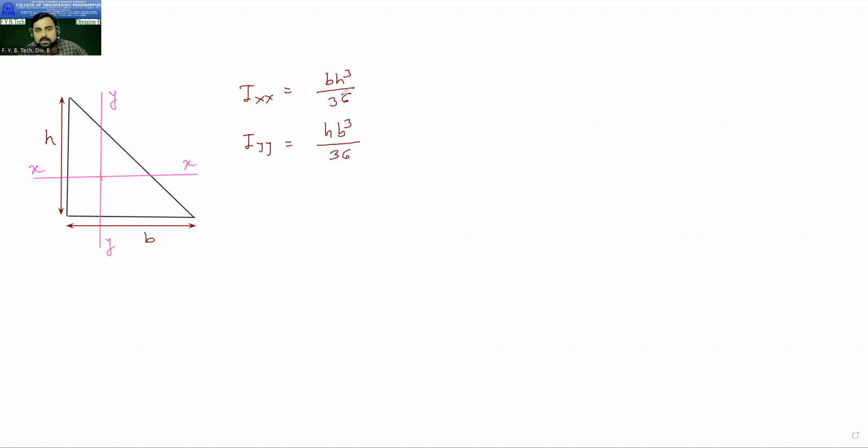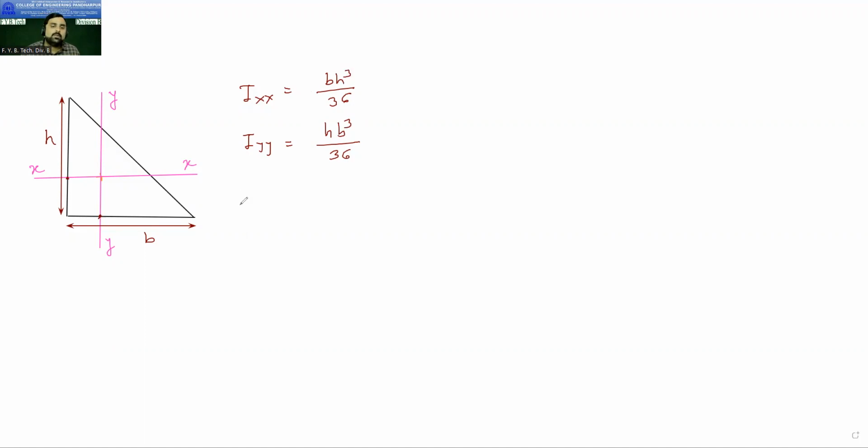Same is the thing, like rectangle, we take bd cube by 12 and db cube by 12. So here for the triangle, it is bh cube by 36 and hb cube by 36. Same concept is applied. See, the x-axis is cutting the dimension h. That is why we are doing h cube, and Iyy is cutting the base. So here we are doing b cube. Same thing is applied.